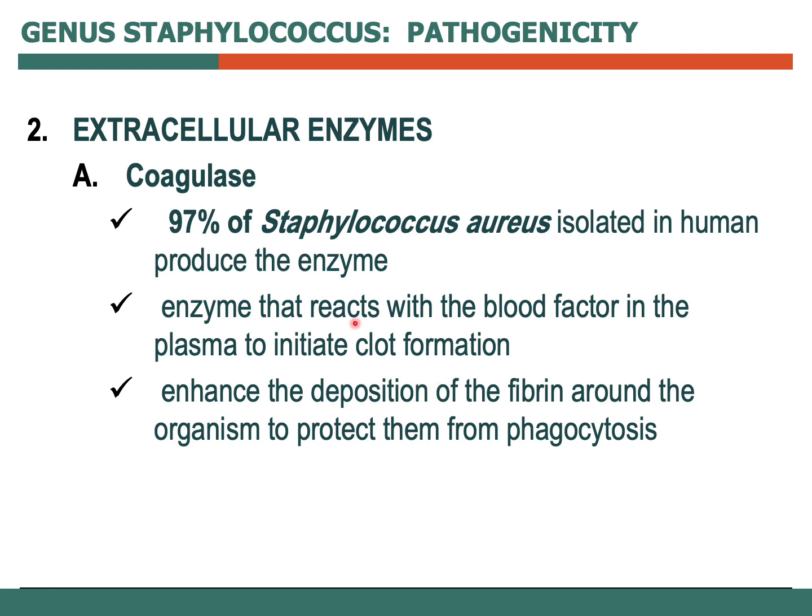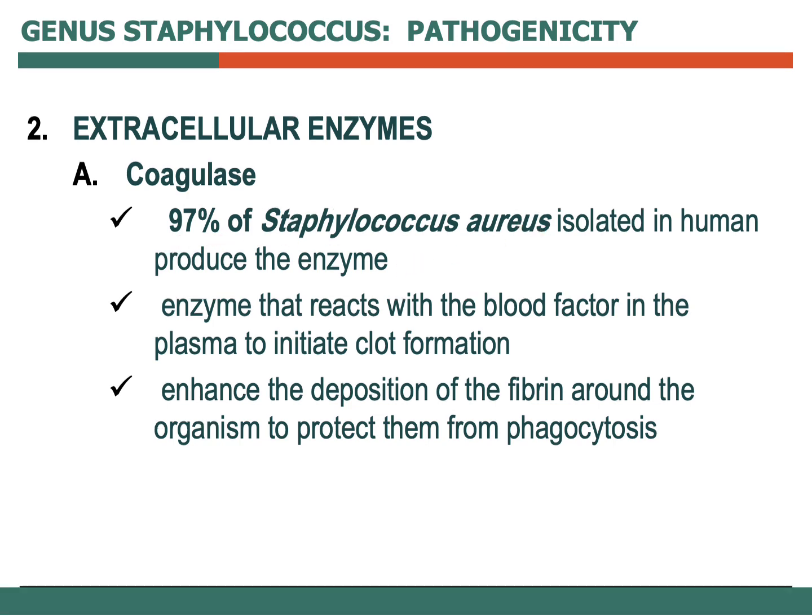That is why, to differentiate the species of staph, you will need to perform coagulase tests. I'll be discussing coagulase tests later. Coagulase also enhances the deposition of fibrin around the organisms to protect them from phagocytosis. So take note, coagulase is the main principal virulence factor of your Staphylococcus aureus.